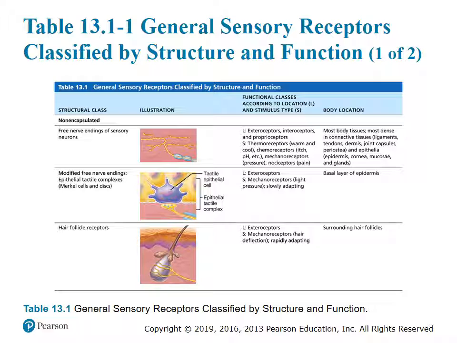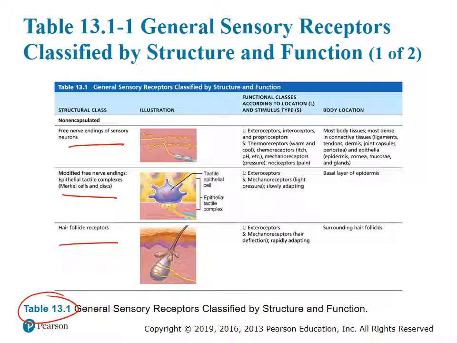Okay, so this table here, table 13.1, shows you the different types of receptors, and we just talked about these two at the bottom: free nerve endings, hair follicle receptors, and some examples of which. And you see the different structures there.